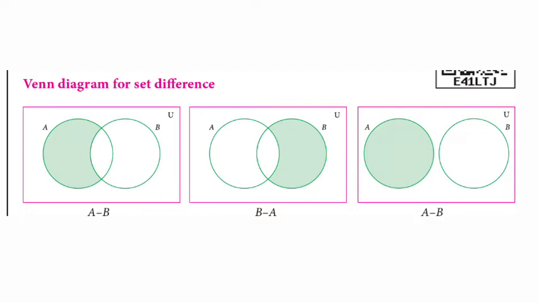The second one, B minus A: we have set B, only B is shaded, because elements belong to B and do not belong to A, so we remove the A part fully. The third one, disjoint sets A minus B, means except B, so only set A is shaded. Okay.